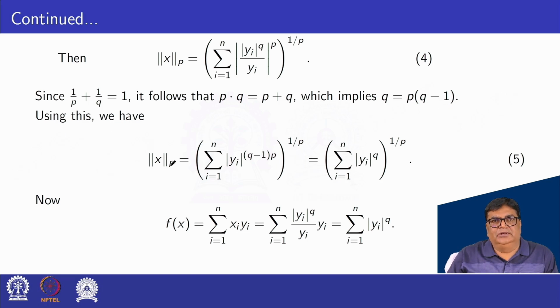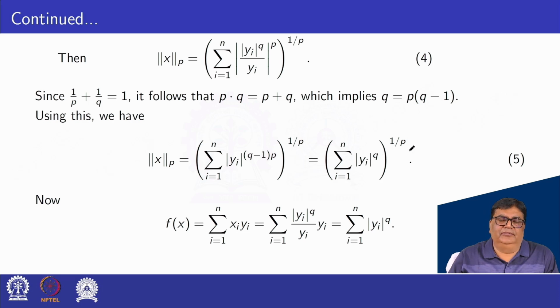Using this, norm x_p is equal to summation i = 1 to n of |yi|^((q minus 1) into p), and q minus 1 into p is q. So this can be written as (summation i = 1 to n of |yi|^q)^(1/p).